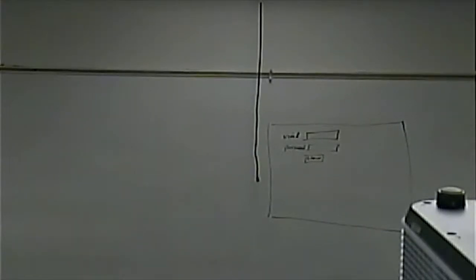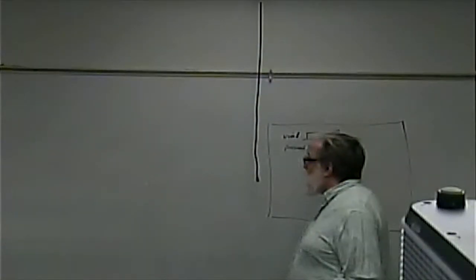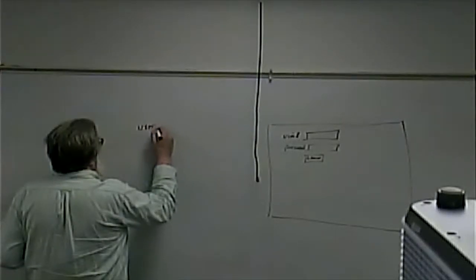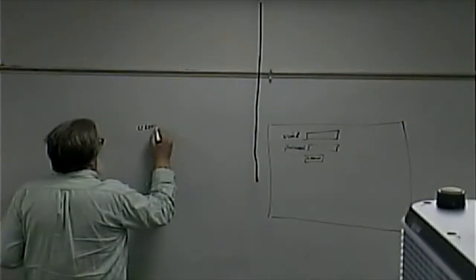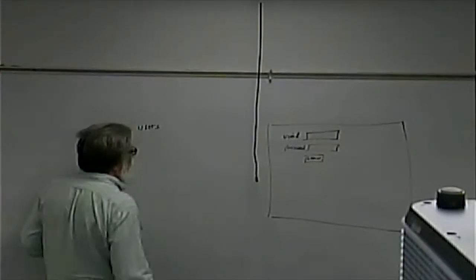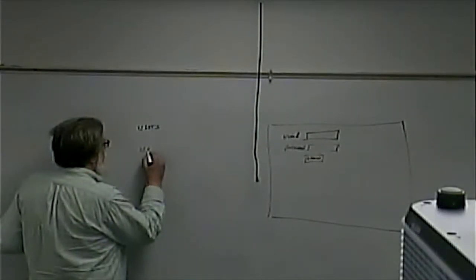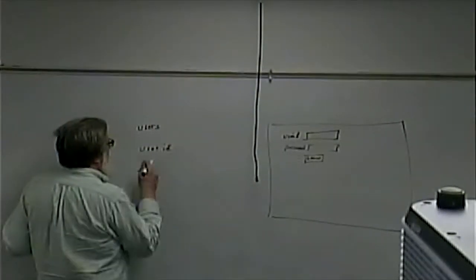What's our database table going to look like? So we're going to have a user table. What's our user table going to look like? Okay, user ID. And what else?